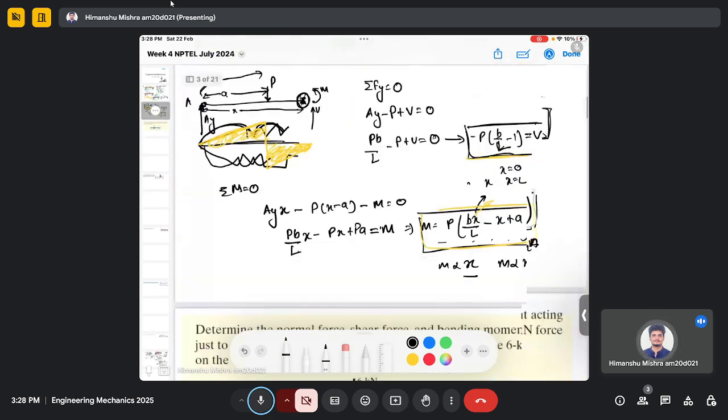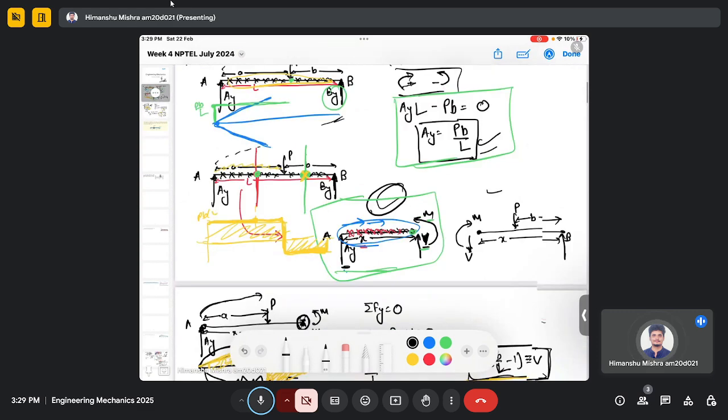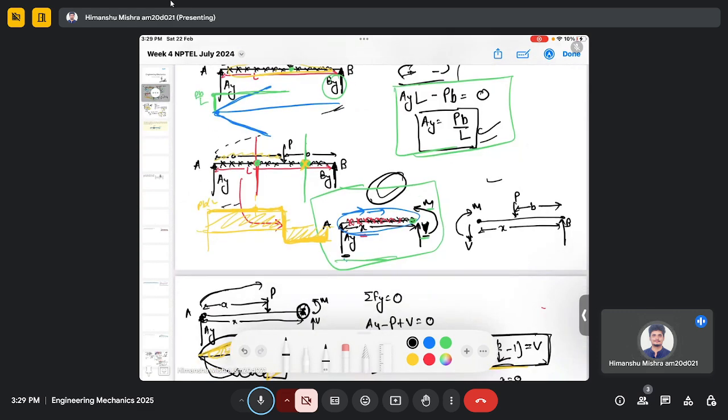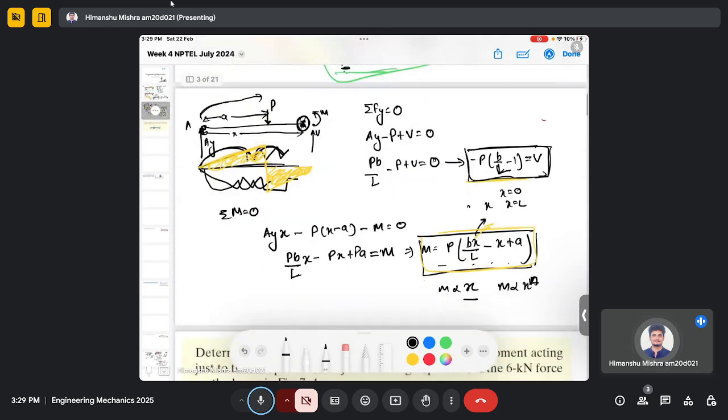And we already have some idea because of the example we have solved. We know that the shear force is constant, and when it experiences the external point loading, it changes in a discontinuous way, whereas the bending moment always changes linearly with respect to distance.